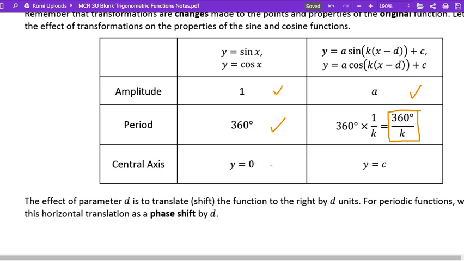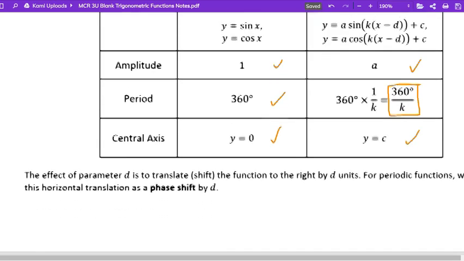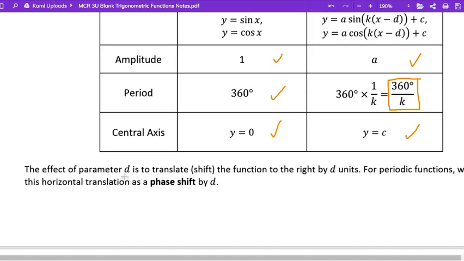Central axis starts off as y equals 0. And if there is a vertical translation, the central axis becomes y equals c. And then the effect of parameter d, the horizontal translation, is d units to the right.